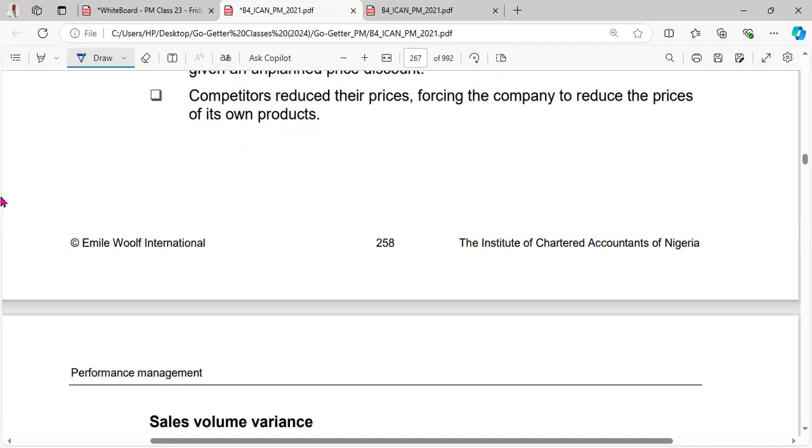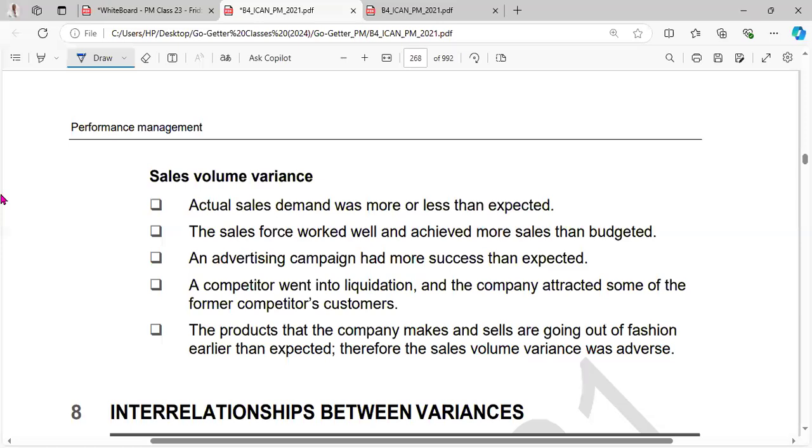What about volume? Actual sales demand were more than or less than expected. The sales workforce worked well and achieved more sales than budgeted. Then when you do advert and you have more people converting, all your leads are being converted into sales and have more success.